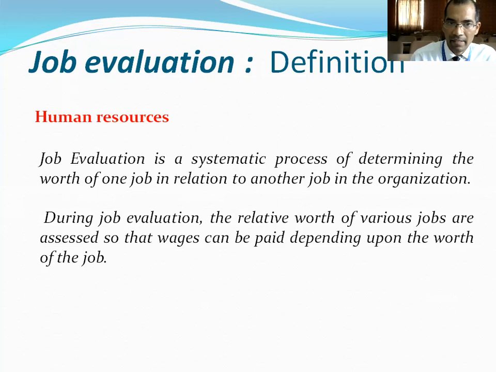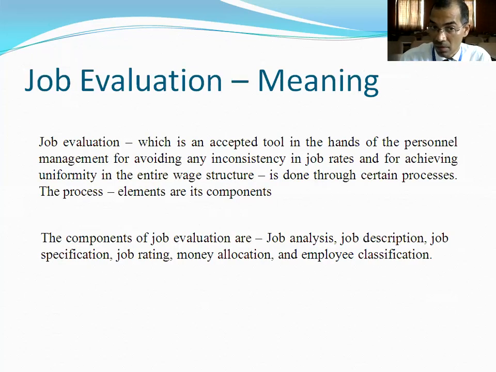Definitely we compare various jobs and assess them on the basis of qualities like skills, work experience, expertise, qualification and education. So we grade them, we categorize them, and on that basis we decide how much money should be given to them and how much they are worth.